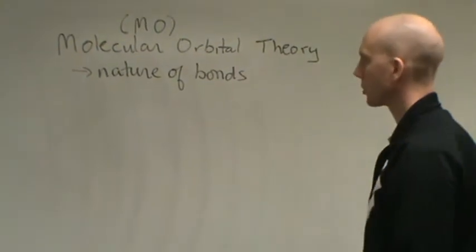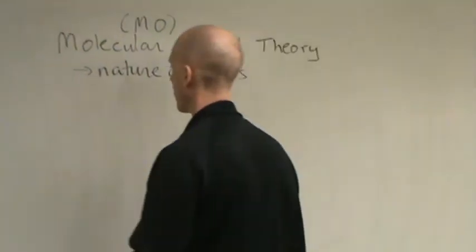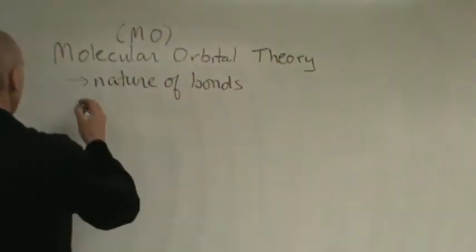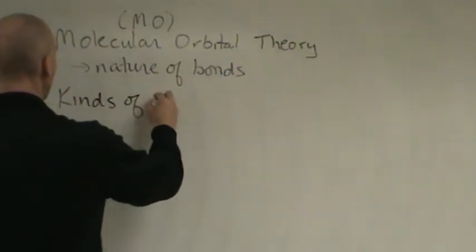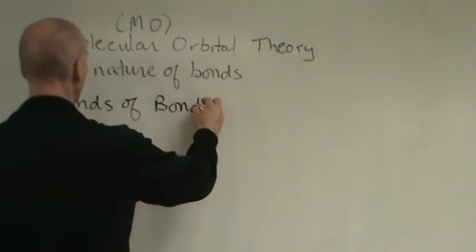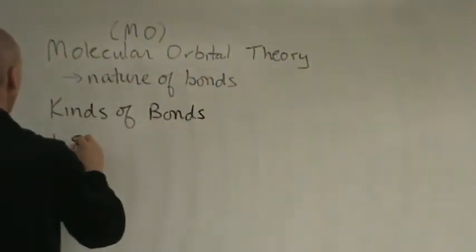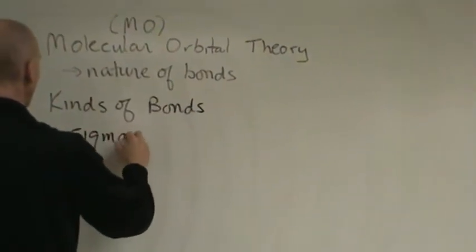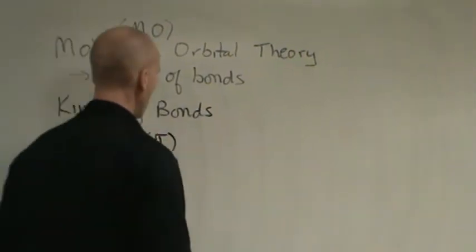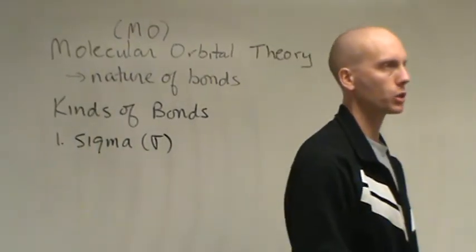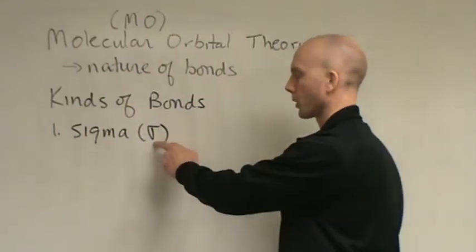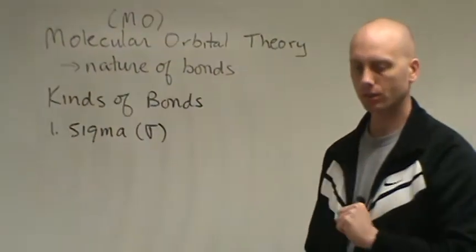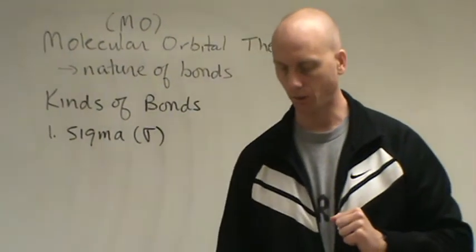Okay? So to do so, what we're going to look at are two different kinds of bonds. The first kind of bond is what we call the sigma bond, the Greek letter sigma, the small s in Greek.